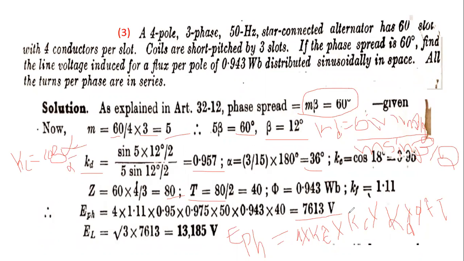Then we calculate the E phase value. After calculating the E phase value, we calculate the line voltage. How will we calculate that line voltage? We multiply root 3 with respect to the E phase. Clear? This is the procedure for finding the EMF in the case of an alternator.